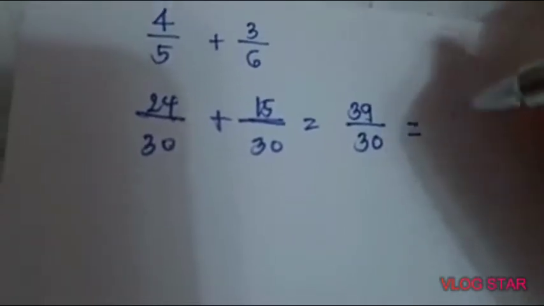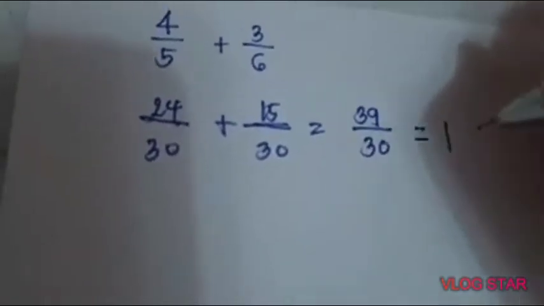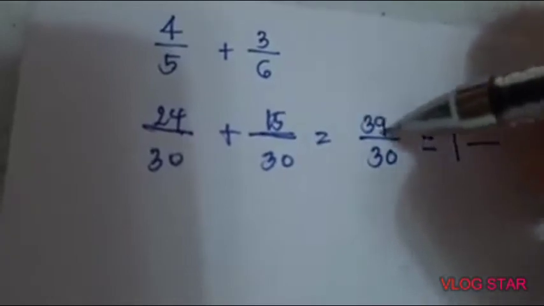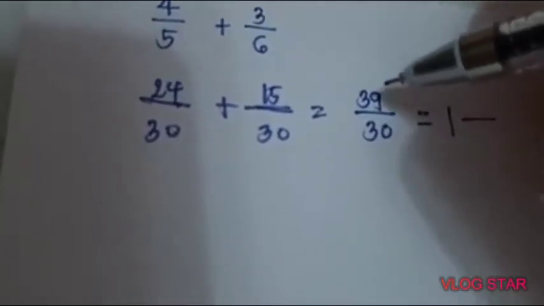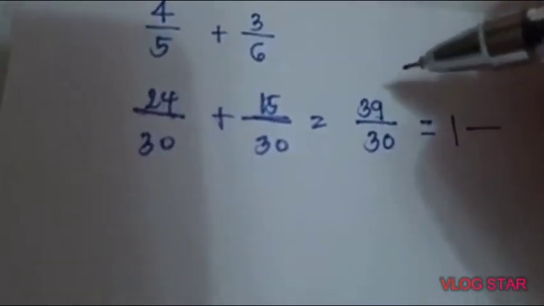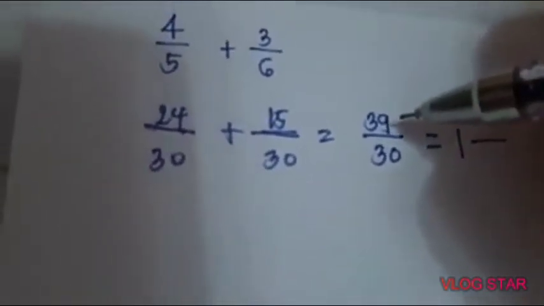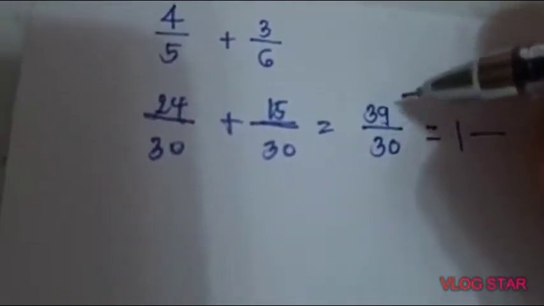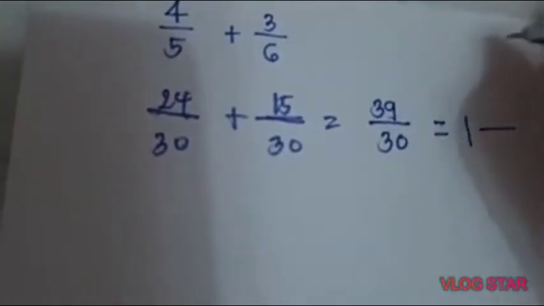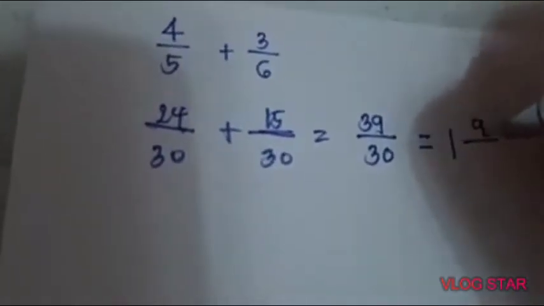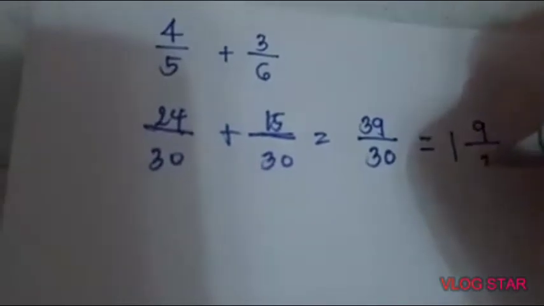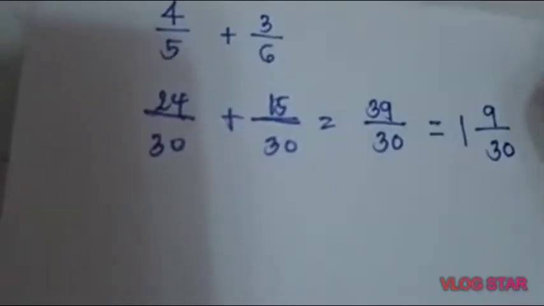So 1 will be your whole number. And what will be left from 39 after you get 30 from it will be your numerator. That is 9. So your numerator is 9. Then copy the denominator.